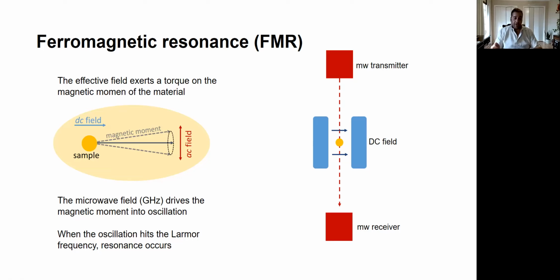In MRI, you have 3 different fields: a steady field, an oscillating field, and a field gradient. If you put a person in the MRI, you have these 2 fields, and you have a field that changes strength along the length, and that gives you the ability to make a map based on the strength of the field.